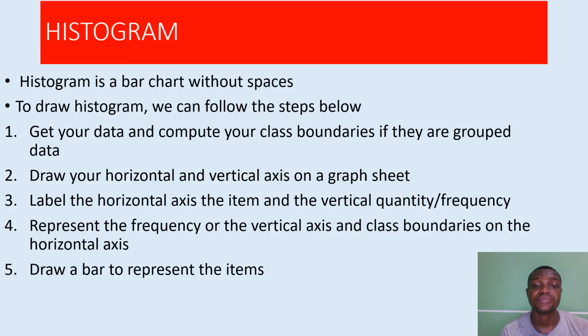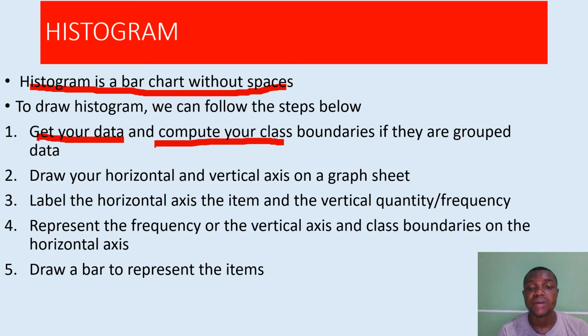Let's proceed. We now move on to histogram. A histogram is a bar chart without spaces. So it's the same as drawing a bar chart. So to draw a histogram, you need to get your data, or compute your class boundaries if they are grouped data.